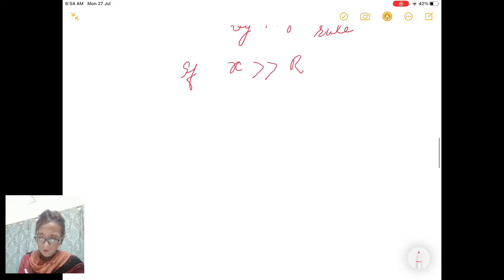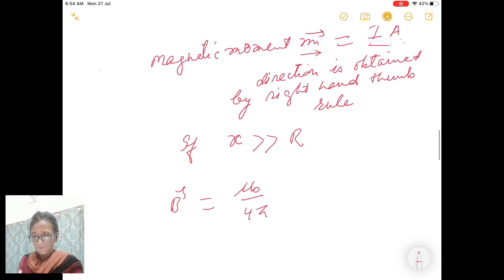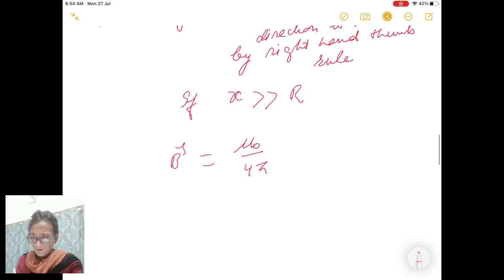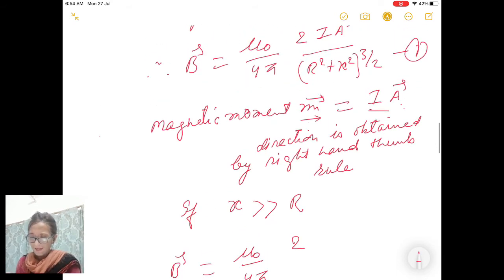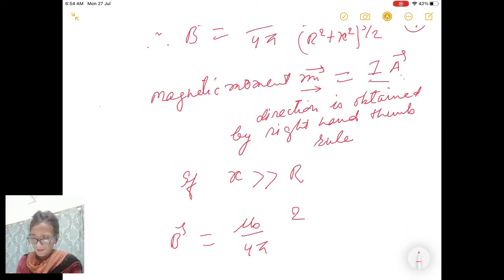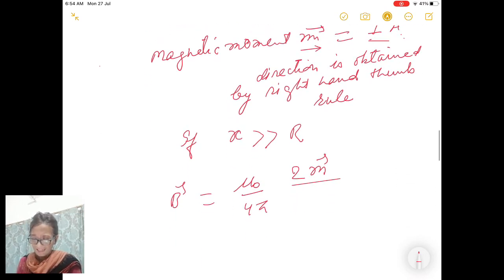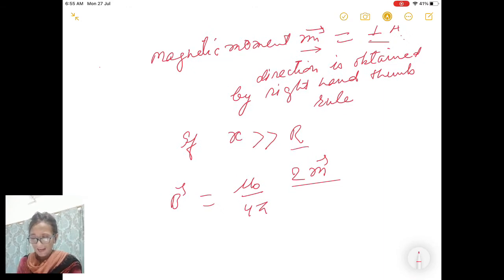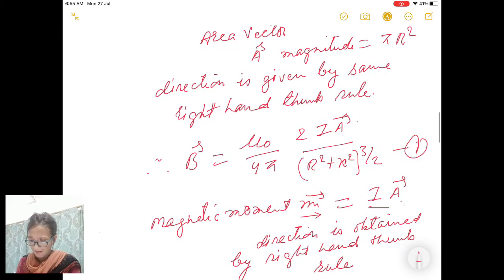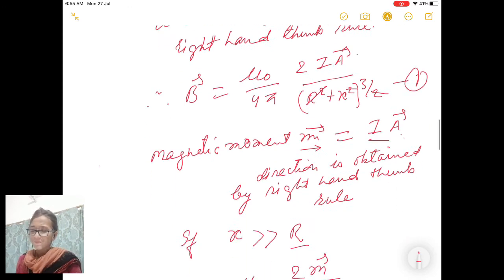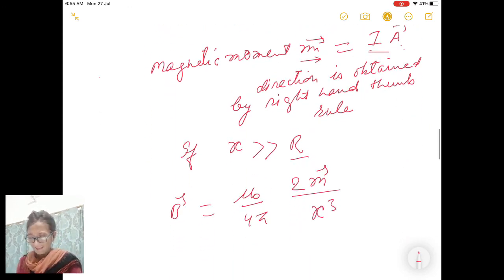So your magnetic field B becomes equal to mu naught upon 4 pi, 2 into m, where m is the magnetic dipole moment, upon x cube. This r should be neglected as r is very small compared to x. So when you neglect r here and the power cancels, it is now divided by x cube.